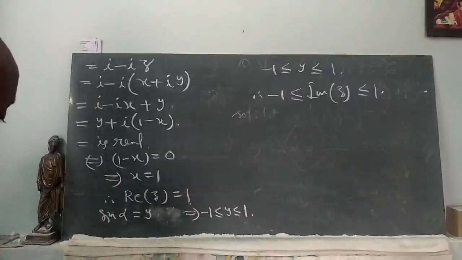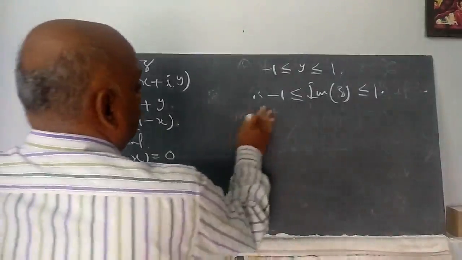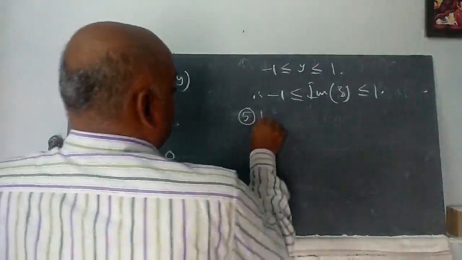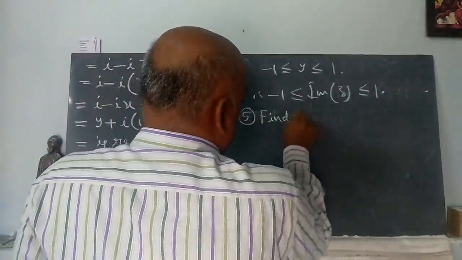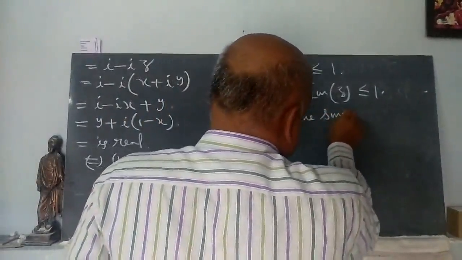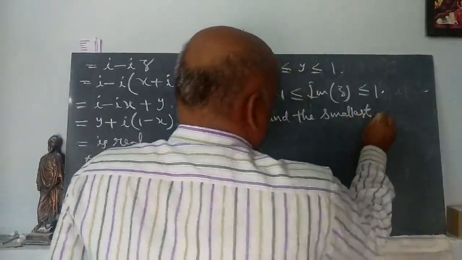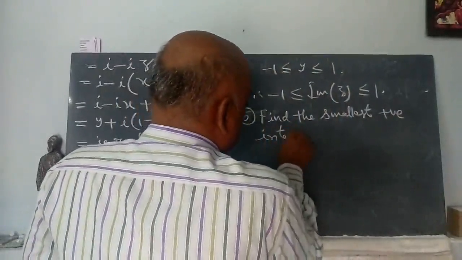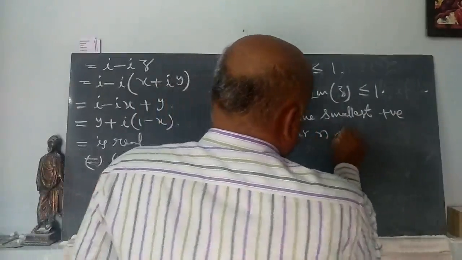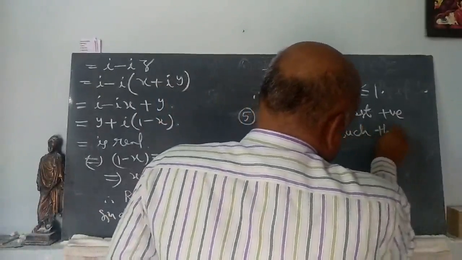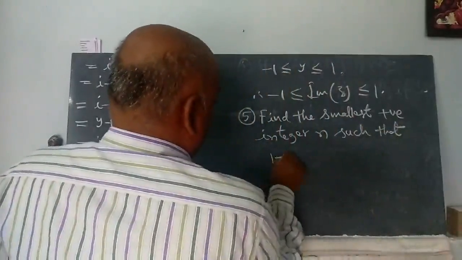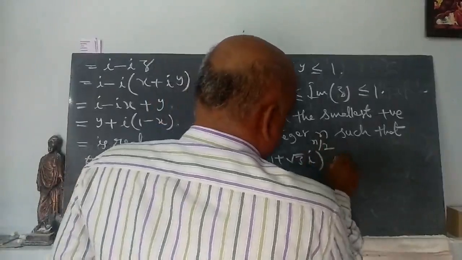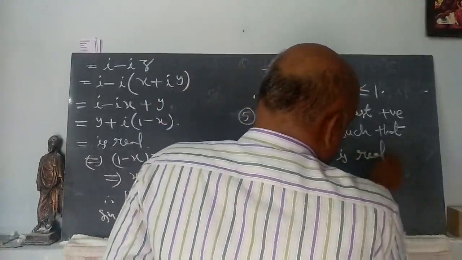Next, fifth problem. Find the smallest positive integer n such that (1 plus root 3 i) whole to the power of n by 2 is real.